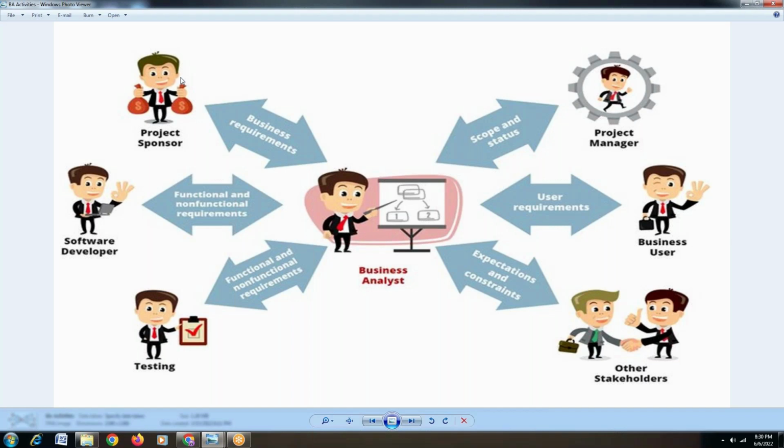Next, user requirements you take from the user. Sometime back I gave an example by taking you into consideration. You are the users. I can get requirements from you because you are the one who is using the core banking application. What is required from you, I'll know when I'm interacting with you.